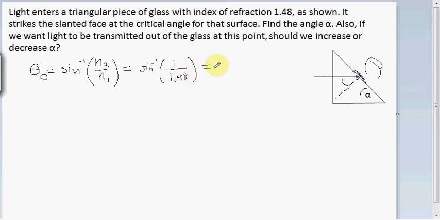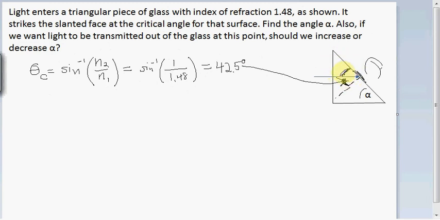And so this tells us that the critical angle is about 42.5 degrees. And so that's what that angle there is. Now, what we actually want to find is this angle alpha here. But if this is 42.5 degrees, then this angle has got to be 90 minus that.